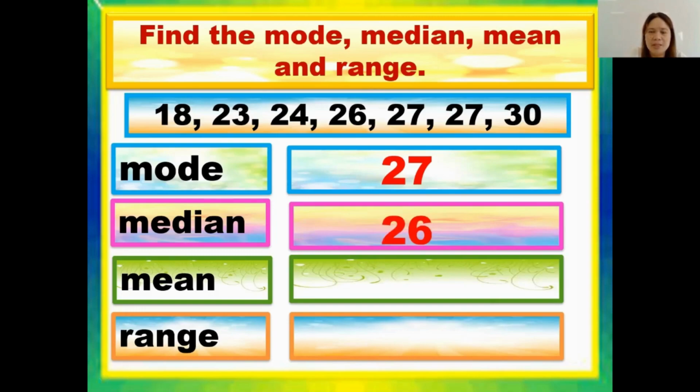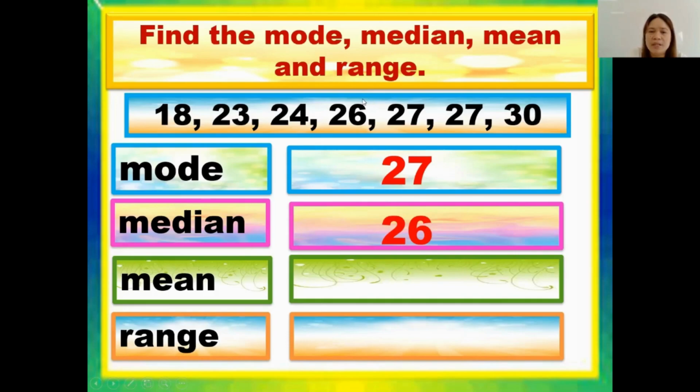How do we find the mean? Remember, in our definition, for the mean, we have to add all the values and divide by how many values we have added. So I'm going to add 18 plus 23 plus 24 plus 26 plus 27 plus 27 plus 30.